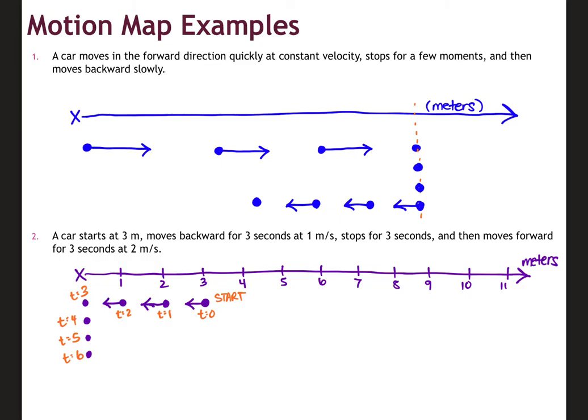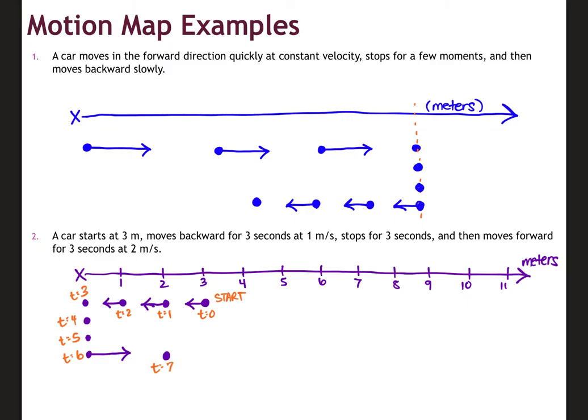And then it tells me I move forward for 3 seconds at 2 meters per second. So now I'm going to draw every dot 2 meters apart. So I'm going to go forward now to the right, and my next dot's going to be here. And I'm going to have a much longer arrow because I'm going twice as fast. And then that's going to be the next second, which will be t equals 7.